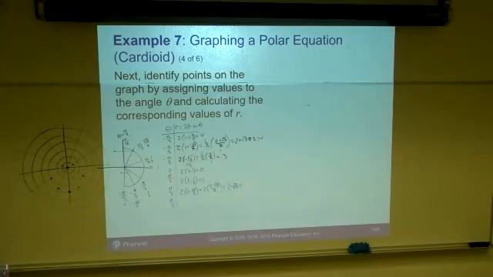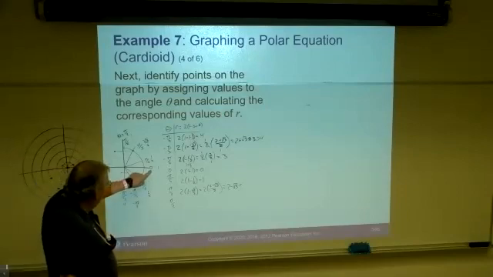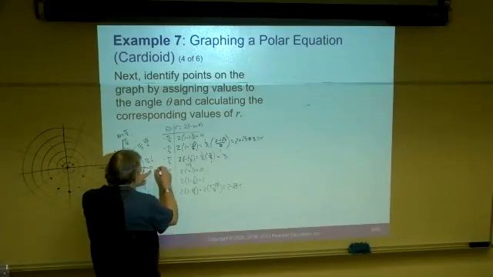That's why I did it wrong. Sine at 0 is 0.